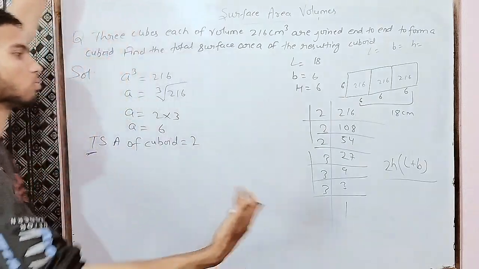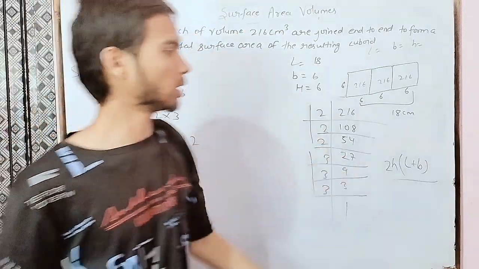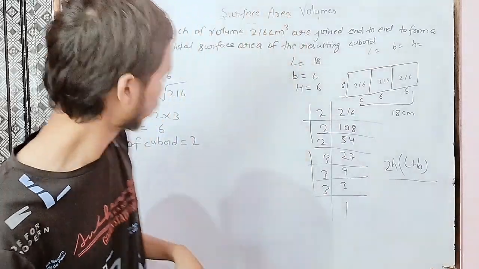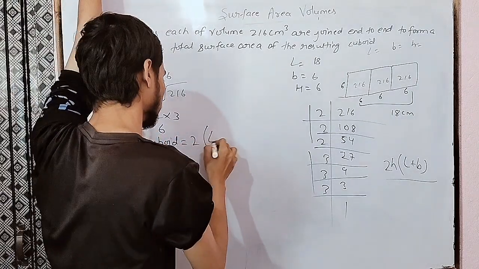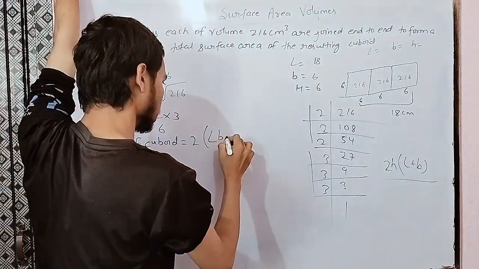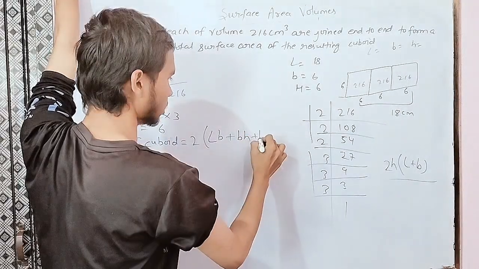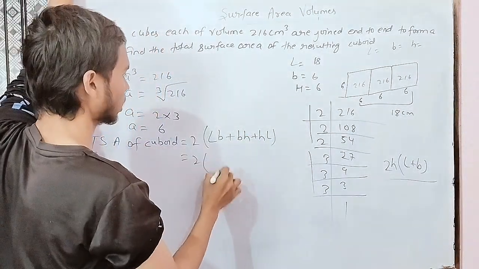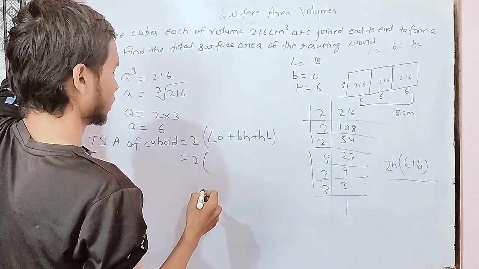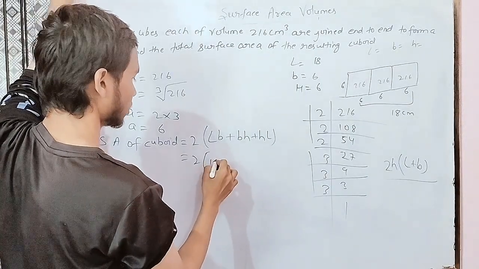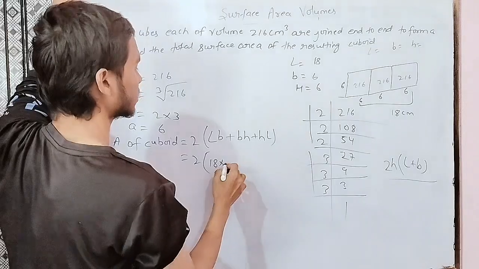Now for the total it will be LB, BH, HL. So 2 times, L is 18, B is 6.